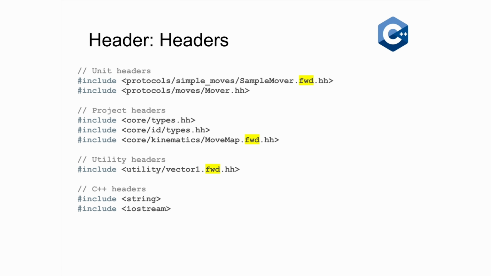Most of the headers that you'll include in your header file are going to be the forward headers, except for inheriting from mover for your mover header file. And then the core types don't have forward header files, so those are defined just in the header files there.